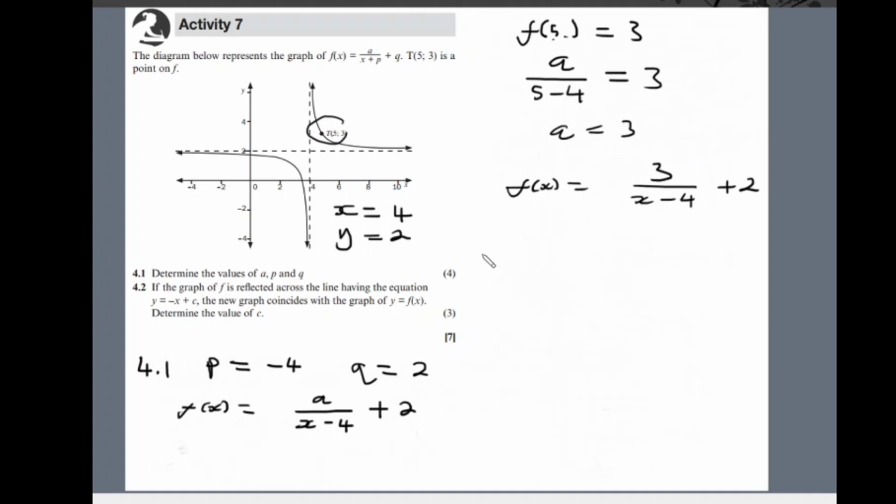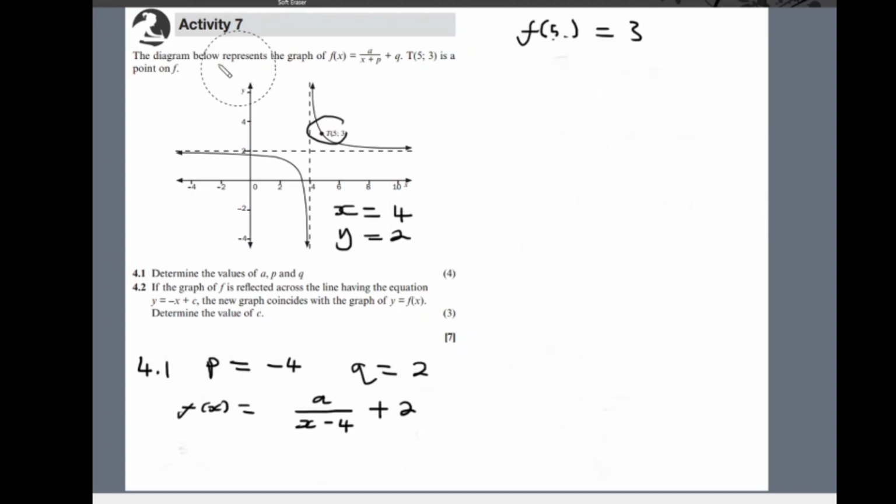Right, to test this, let us substitute 5 in our equation. Oh sorry, I made a mistake. Wherever I see x, I put 5. So I'll have a over 5 minus 4, plus 2, is equal to 3.